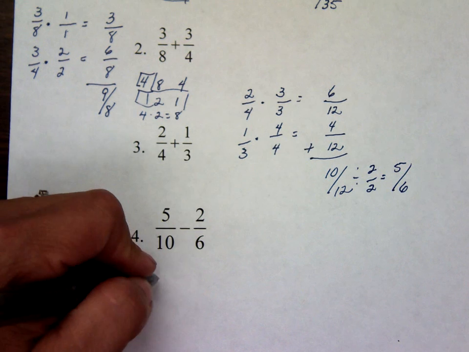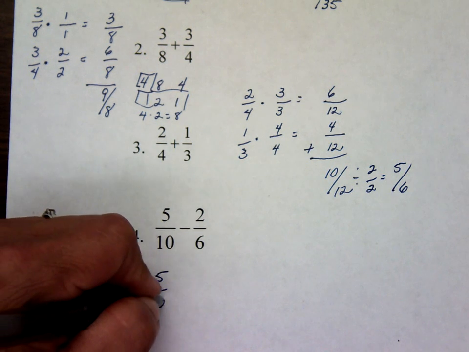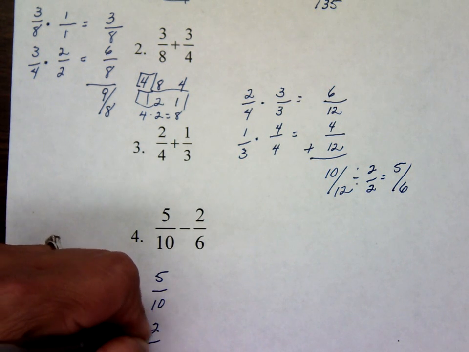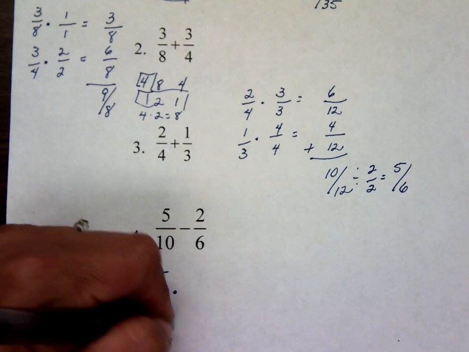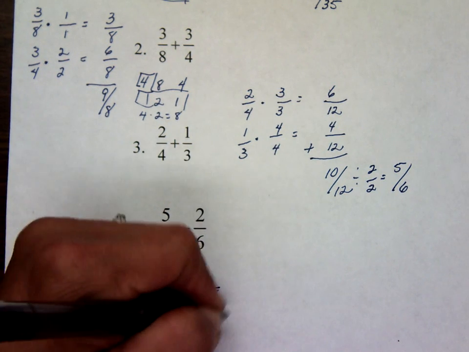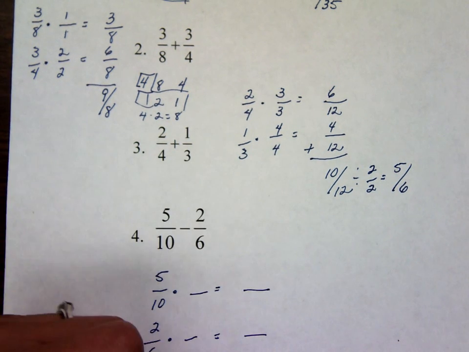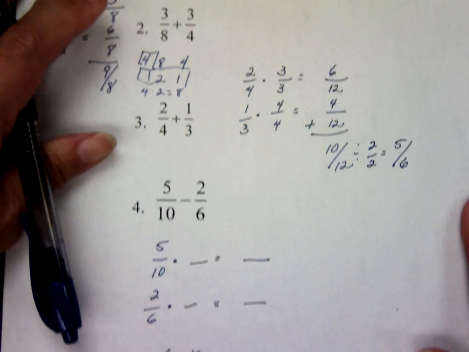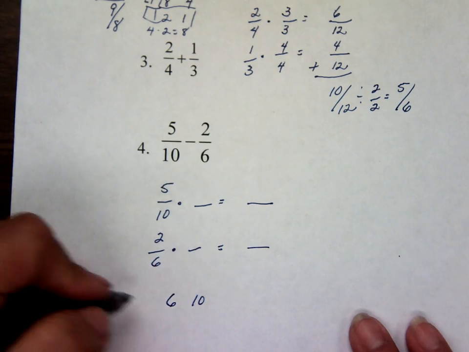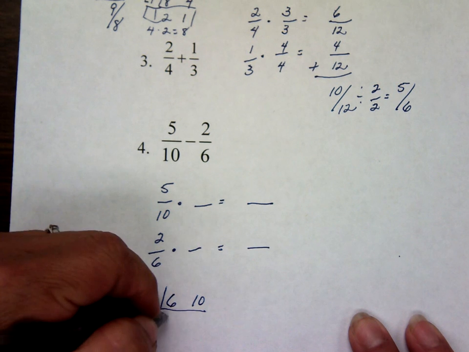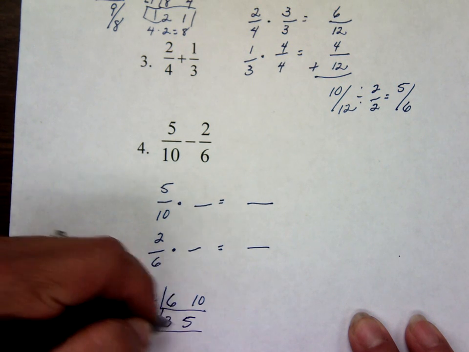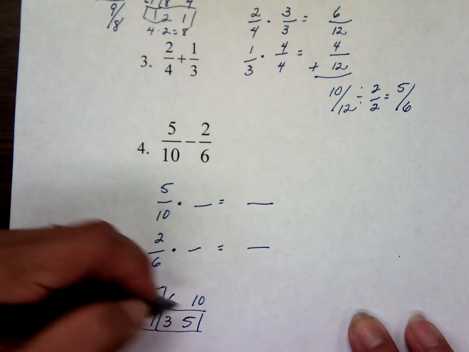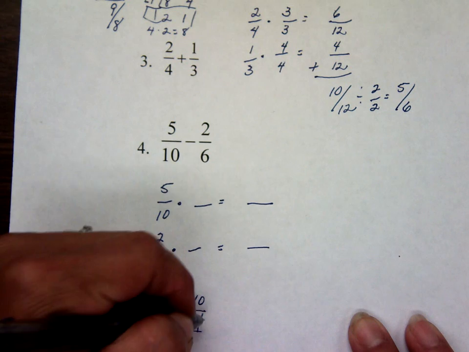So number 4 is subtracting, so it's exactly like adding. All you're going to do is write it vertically, 5/10 minus 2/6. Do your setup. Okay, so now you do your LCM of 6 and 10. A number they both go into is 2, so it's 3 and 5. A number they both go into is 1. Make your L. So this is 2 times 15, which equals 30.